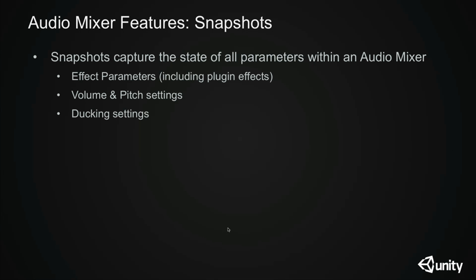They essentially allow you to transition between these states during gameplay. So you can create really complex themes and moods in the mixer as snapshots, and then easily transition between them or create complex configurations of multiple snapshots that you want to blend between and stuff like that.